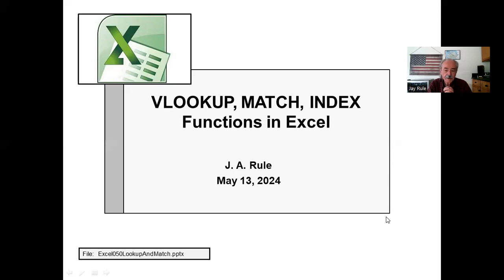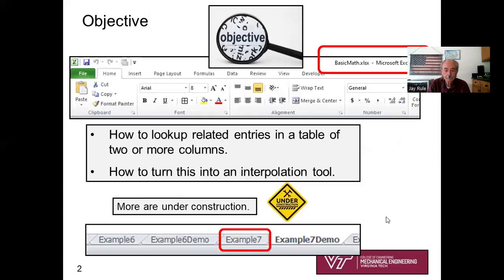The three Excel functions that I want to talk about are VLOOKUP, MATCH, and INDEX. I'm only going to talk a little bit about VLOOKUP because I do not recommend its use. But MATCH and INDEX, I've got to tell you that I've gotten a tremendous amount of power and results from through my work experience.